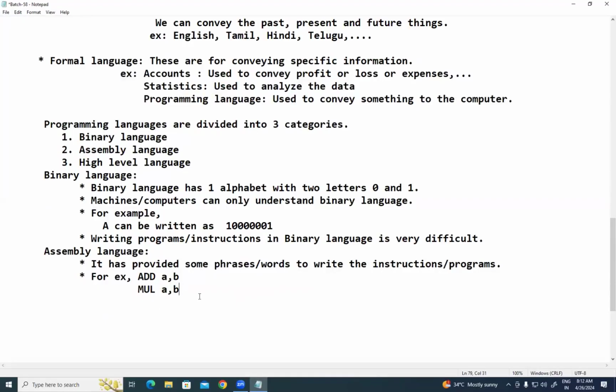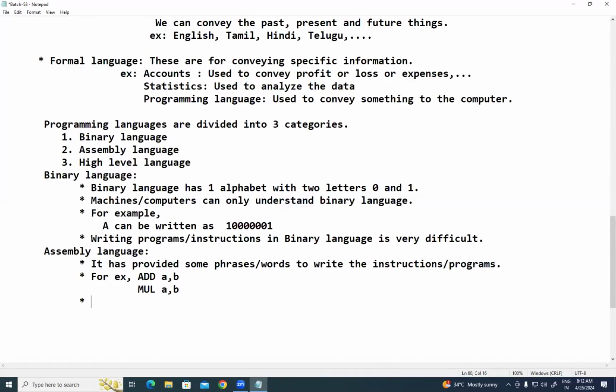And the other drawback I'll tell you, folks. The drawback is assembly language works based on processor. If you write an assembly language program for the 8086 processor, then it doesn't work for the 8085 processor.